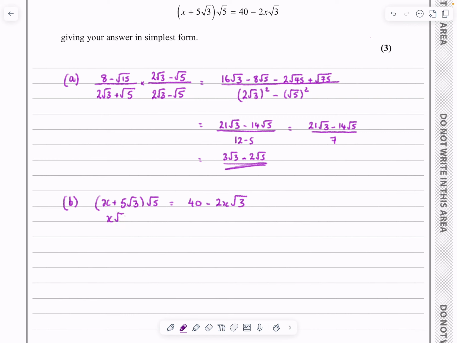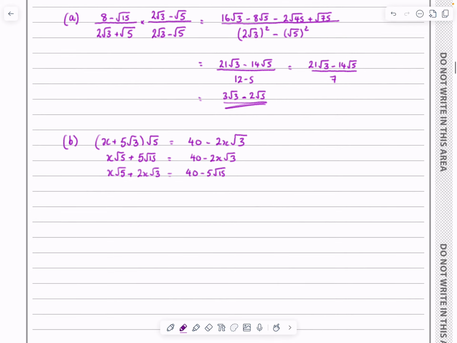I've got x root 5 plus 5 root 15 is equal to 40 minus 2x root 3. And then I'm going to get the x's onto one side, so those are going to go over there. That's going to go over there. So if I do that, I'm going to have x root 5 plus 2x root 3 is going to be equal to 40 minus 5 root 15.